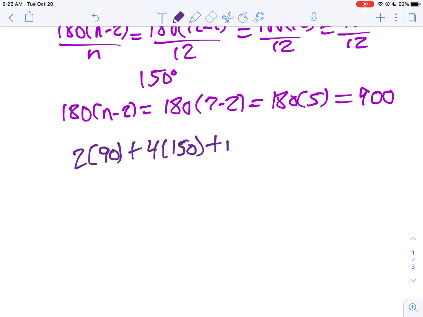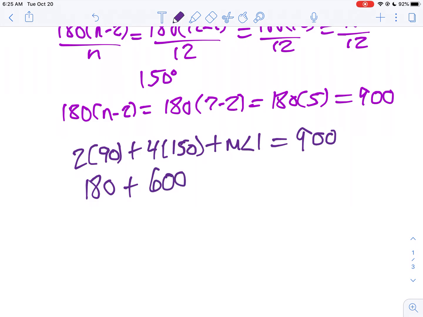And we have the measure of angle 1. We know that total is going to be 900 degrees. So 2 times 90 is 180. 4 times 150 is 600. Plus the measure of angle 1 equals 900 degrees.